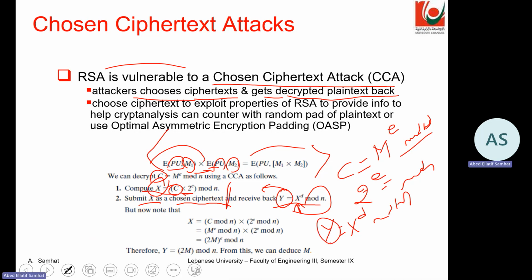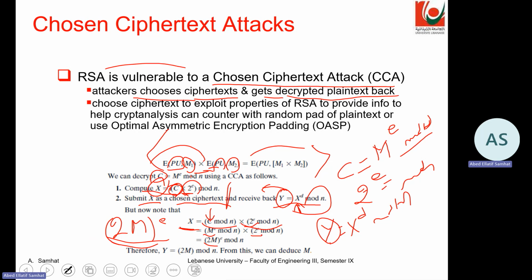And we can see what X is. X was C, the ciphertext the attacker wants to know, multiplied by 2 to the power E. So it's M to the power E times 2 to the power E mod N, which is similar to (2M) to the power E, the encryption of 2M.